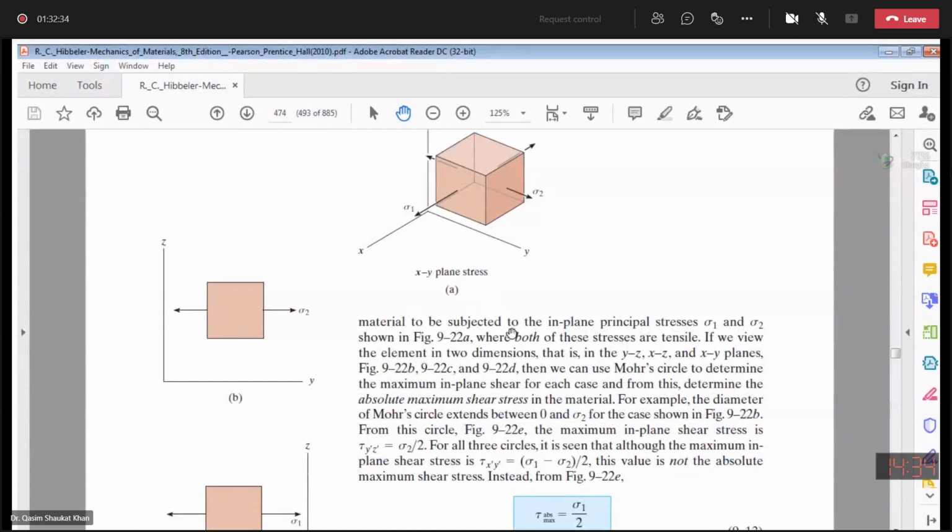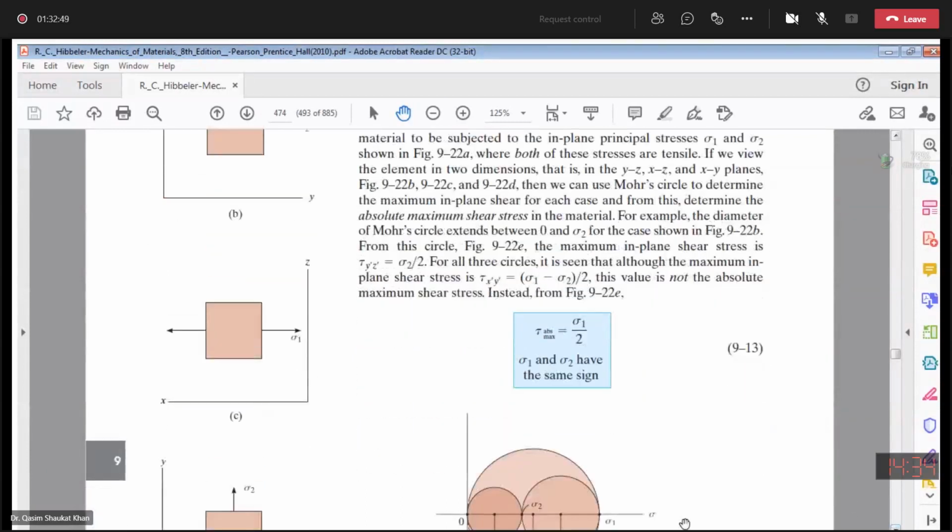Okay? So you split this three-dimensional element into two-dimensional views in the x-y, y-z and x-z planes, and you got these three figures. Corresponding to those three figures, you have drawn this Mohr circle.